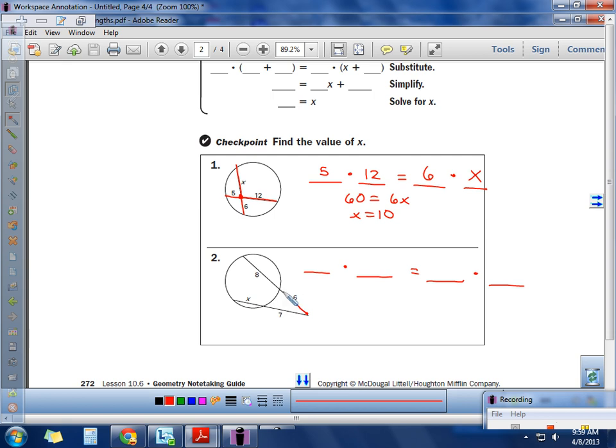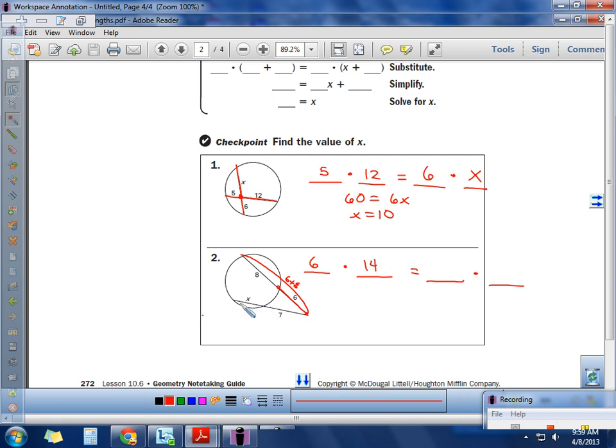Point and stop when you hit the circle. How long is it? 6. But now I need the total length of that whole secant segment. So that goes from the point all the way to the other part of the circle. How long is that total piece? 6 plus 8. Yeah, 6 plus 8 is 14.